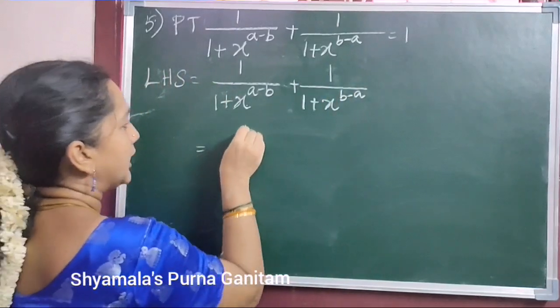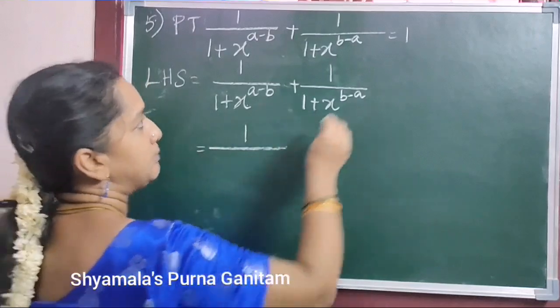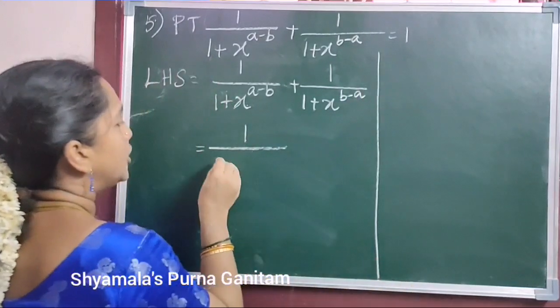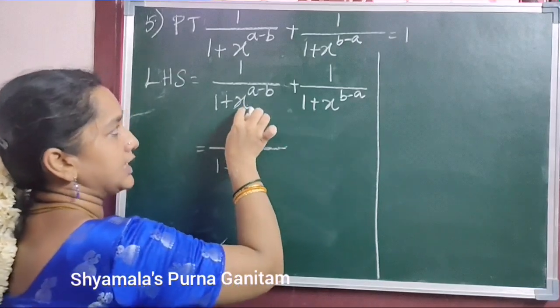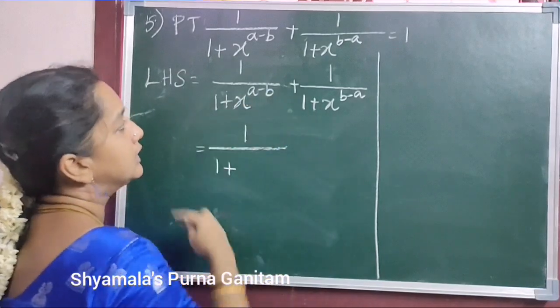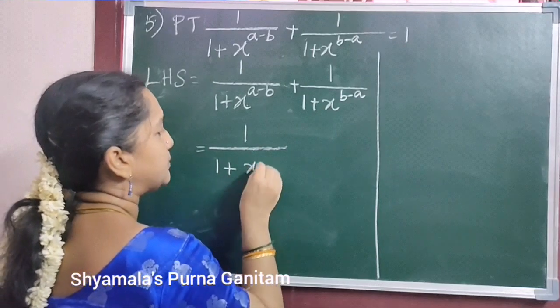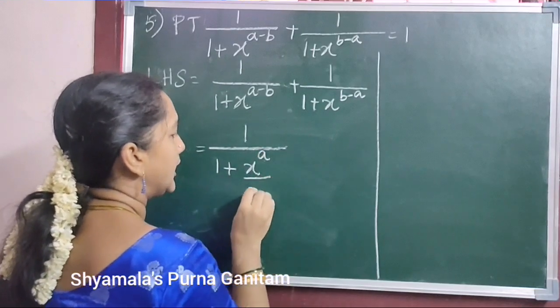Okay. So numerator we have only 1. So we will keep it as it is. The denominator, you can rewrite this as x power a minus b. We can rewrite this as x power a by x power b.